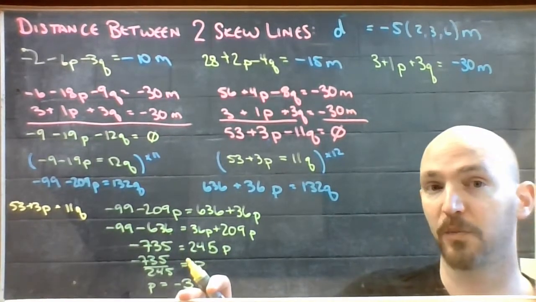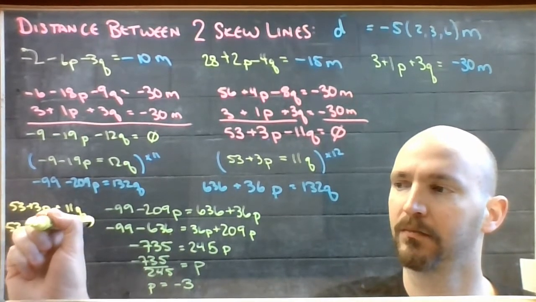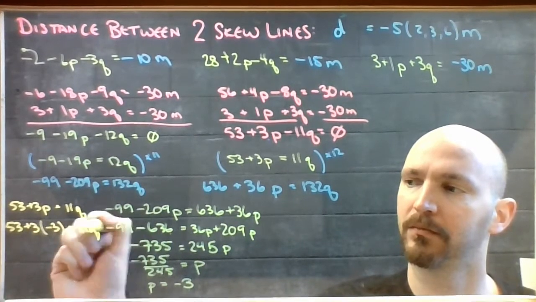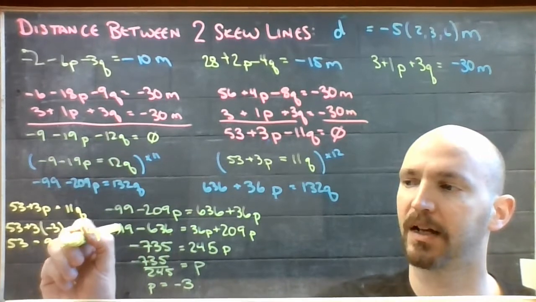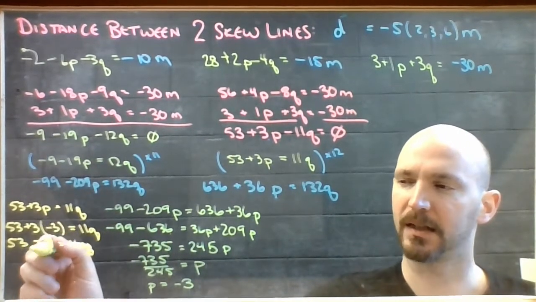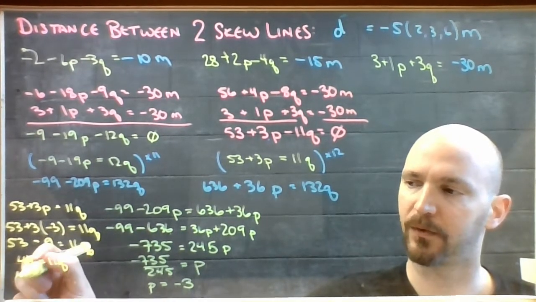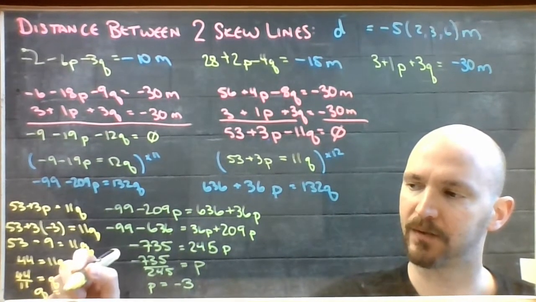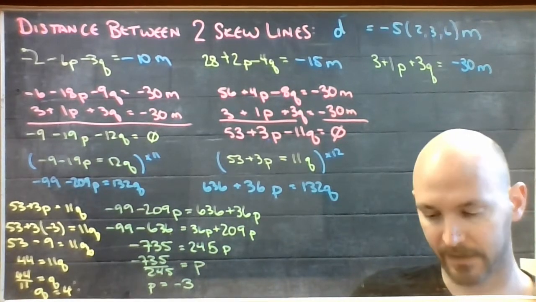I already know p is worth negative 3, so it goes in here. Three times negative 3 is negative 9. 53 minus 9 is 44, and 44 over 11 is 4. So again, that's nice, it's tidy.